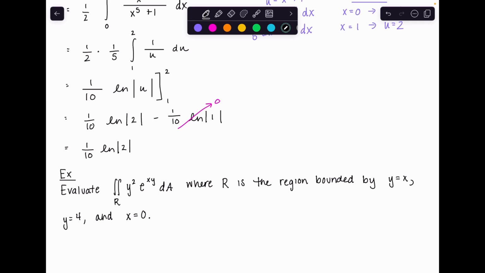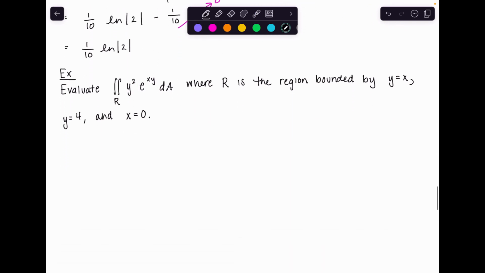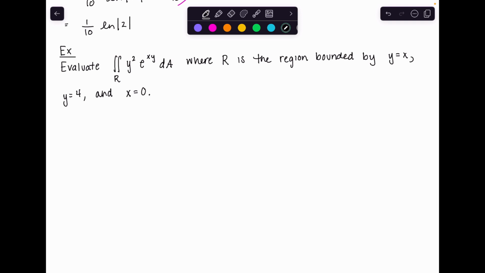So it's doable, but it's definitely easier if I'm looking for those two variables to take the antiderivative of e to the xy. So that's going to be the way I want to set up this problem. So we can set this up as dy dx or dx dy. But integrating with respect to x first will be easier.